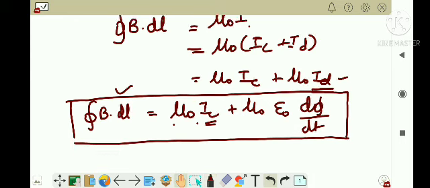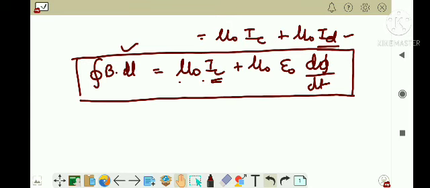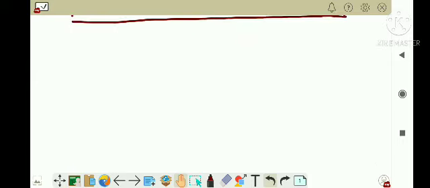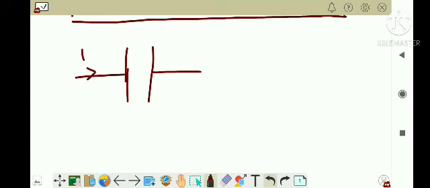Clear? Simple, right? Now what is the relevance of this displacement current? See, if I just draw the displacement current and conduction current as per the capacitor, it will look like this. There is conduction current here, right? And there is a displacement current here, and there is conduction current here, right?